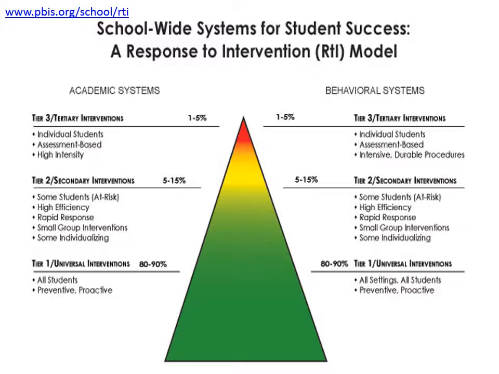The response to intervention model is very similar to the PBIS model. It too is a multi-tiered approach to the early identification and support of students with learning and behavior needs. The RTI process begins with high-quality instruction and universal screening of all students in the general ed classroom. Struggling learners who've reached Tier 3 of the PBIS model are now going to be provided with interventions at increasing levels of intensity to accelerate their rate of learning and ability to behave appropriately in the classroom.